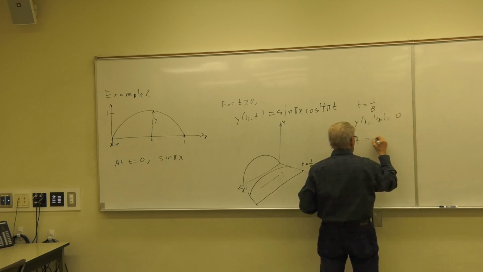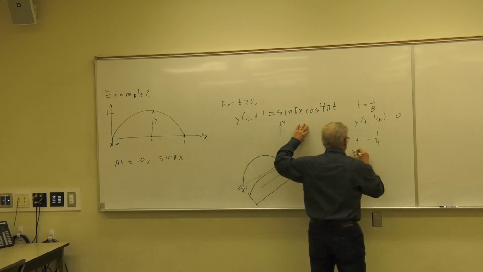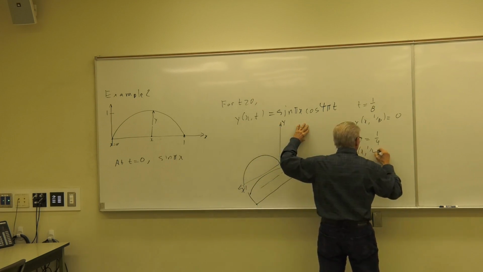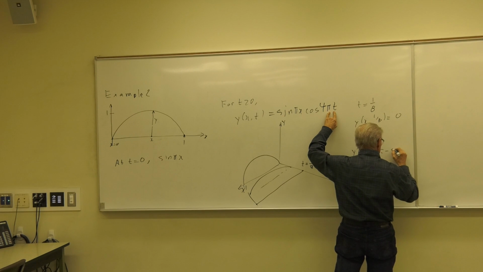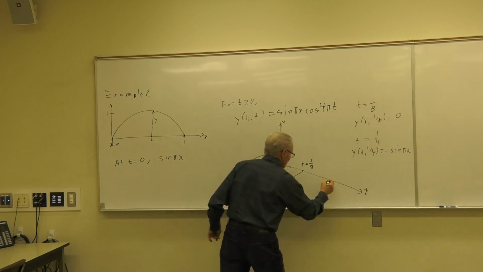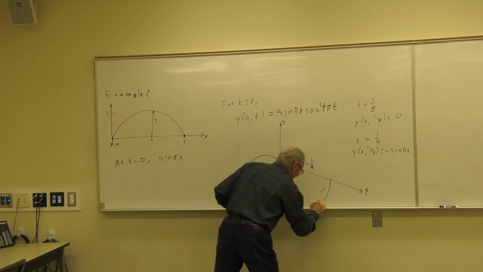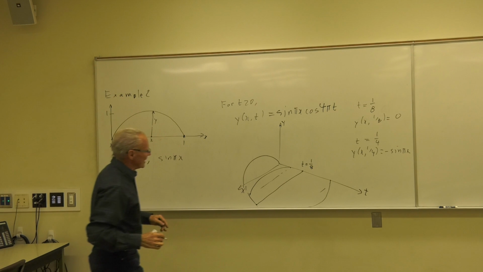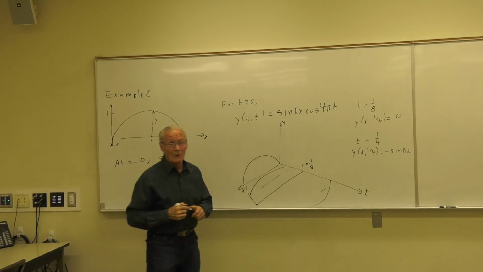What if you put in t is equal to a quarter? Then what have you got? y of x and 1/4 is equal to, put a quarter in here, then the 4 is going to cancel and we get cosine of pi, that's minus sine pi x. So now, after another eighth of a second, the string is underneath the xt plane, exactly this thing turned upside down.